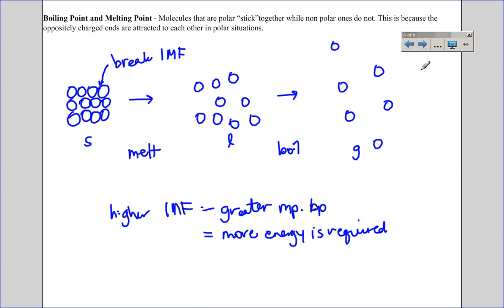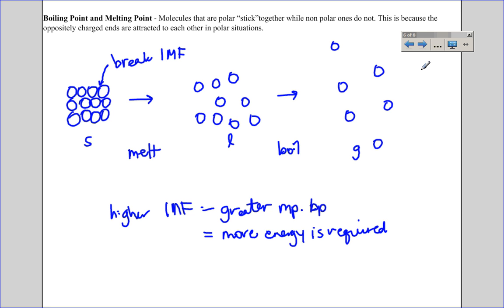So if you're asked to compare the boiling point or the melting point of two different substances, what you want to do is identify what type of intermolecular forces are present. It might be obvious from the type of intermolecular forces right away which one has the higher melting or boiling point.